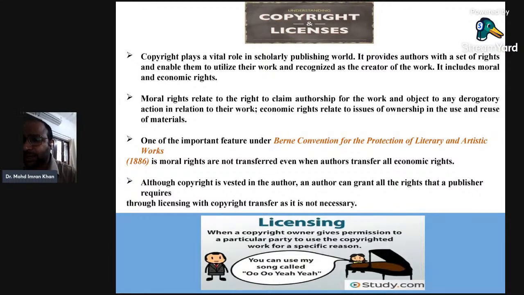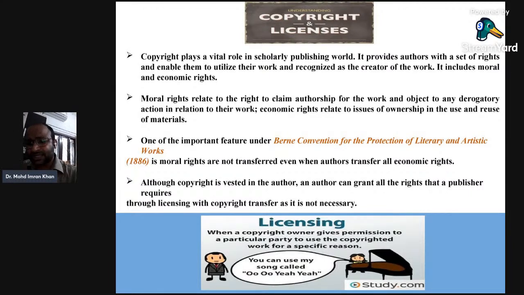Moral rights relate to the right to claim authorship for the work and object to any derogatory action in relation to the work. Economic rights relate to the issue of ownership in the use and reuse of materials. So when we talk about copyright, there are two kinds of rights given in copyright law. One is moral right, another is economic right.